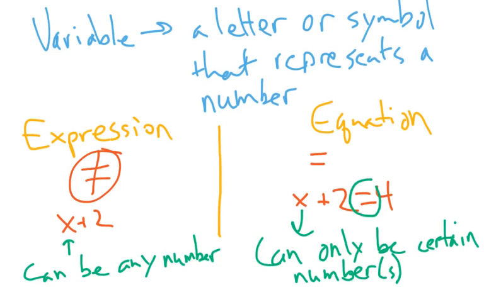Or if we're talking about an inequality, it could again be multiple numbers, but with an equation it can really only be a specific number. And so that's the difference we have now with an equation. We can't plug whatever we want into x. We can only put in a couple of things, if that, for x to make the statement true.